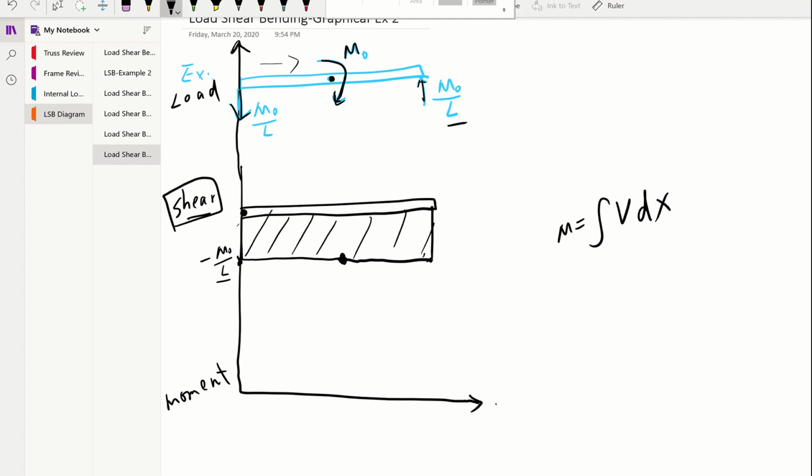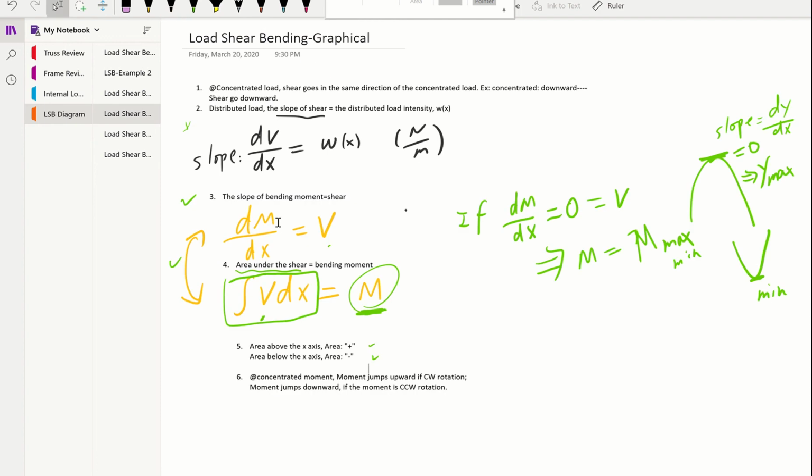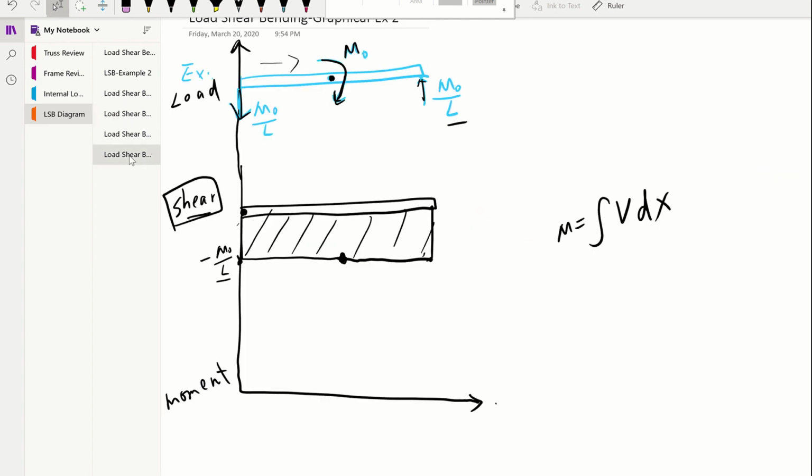In other words, one of the rules we had before, rule number 4, the area under the shear is going to be our bending moment, right? So we are going to calculate the area underneath this shear curve. What's the value for that? It's a rectangle. The area is below. If it's below, that means it is a negative value.